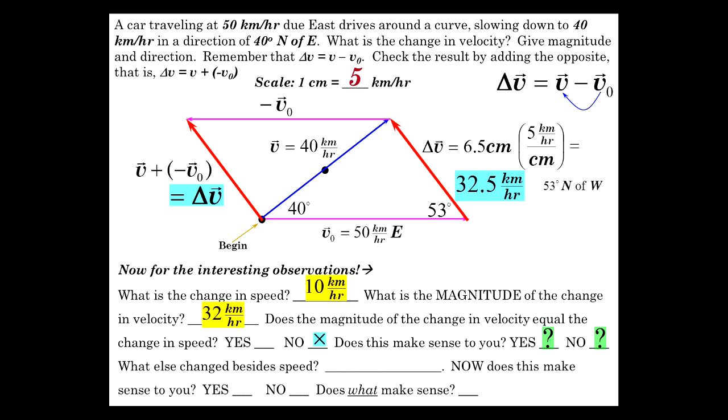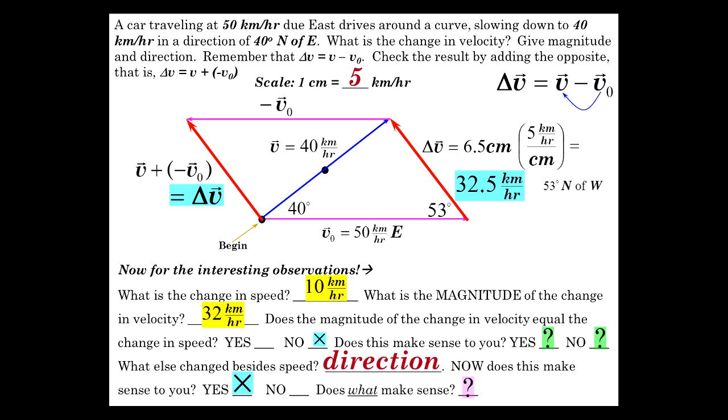Well, if you're thinking about this dilemma, you may have come to realize already that, well, wait a minute, something else is changing. This is a vector. A vector has magnitude and direction, and the direction has changed as well. So now does it make sense to you? Of course. Maybe.